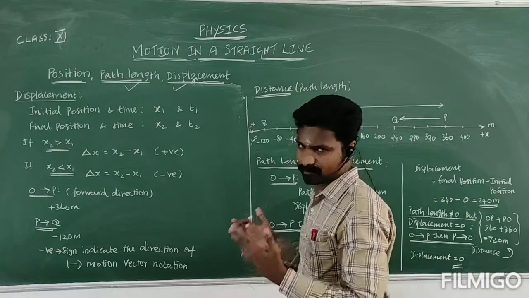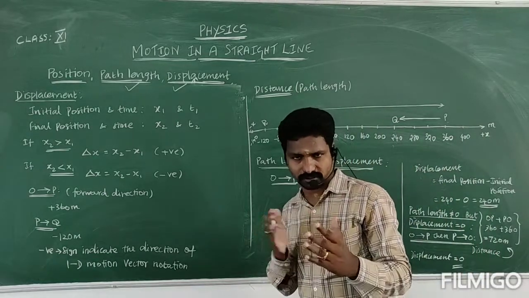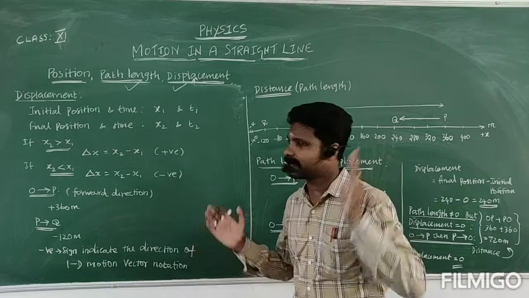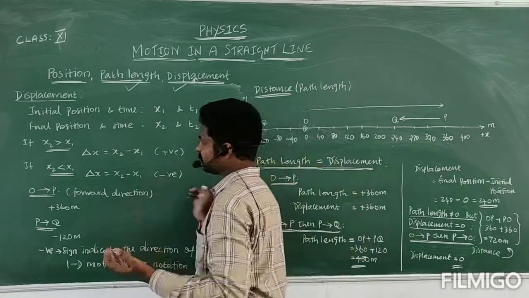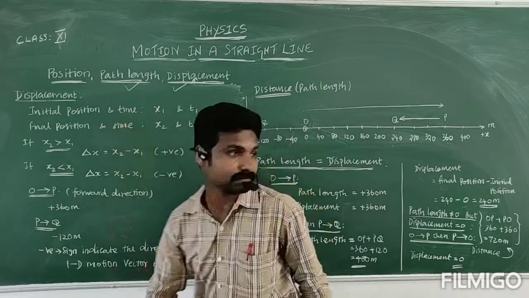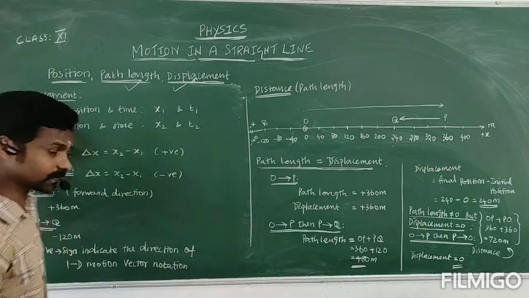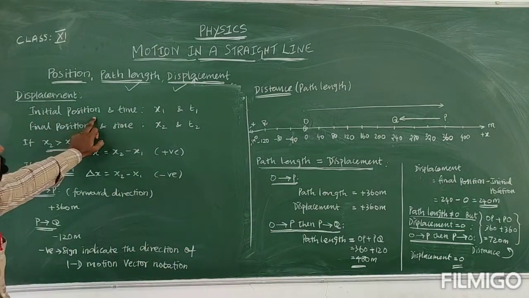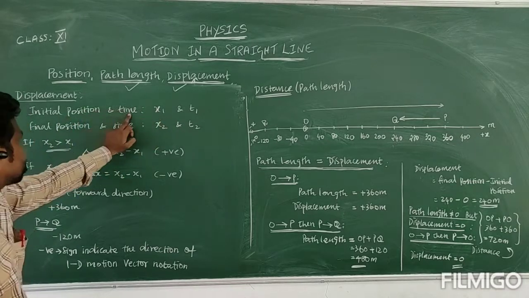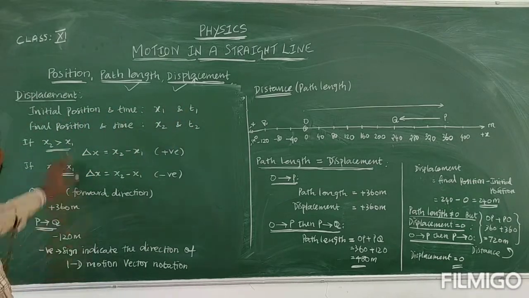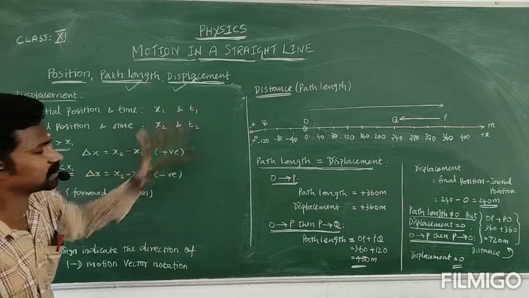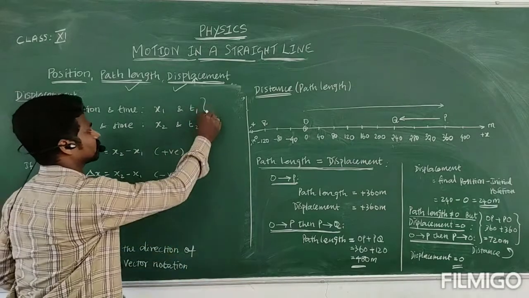Wherever you want, between the two points, one is considered initial and the other final. For our convenience I can write now: initial position x1 and initial time t1; final position x2 and final time t2. This is for our reference.